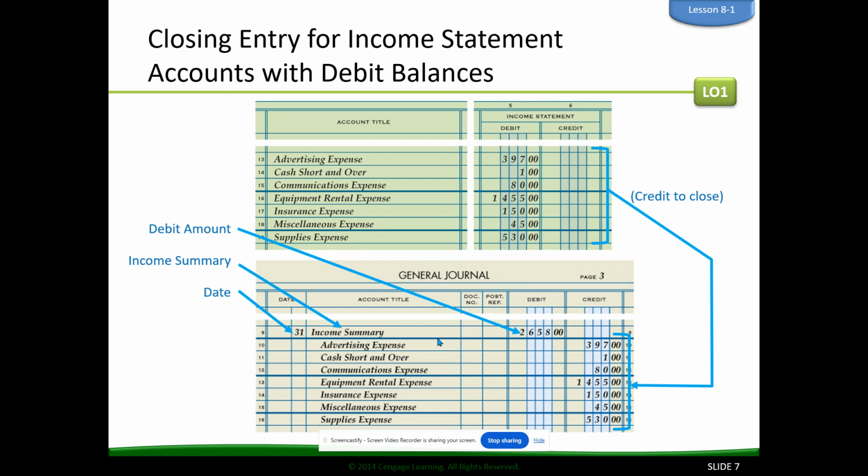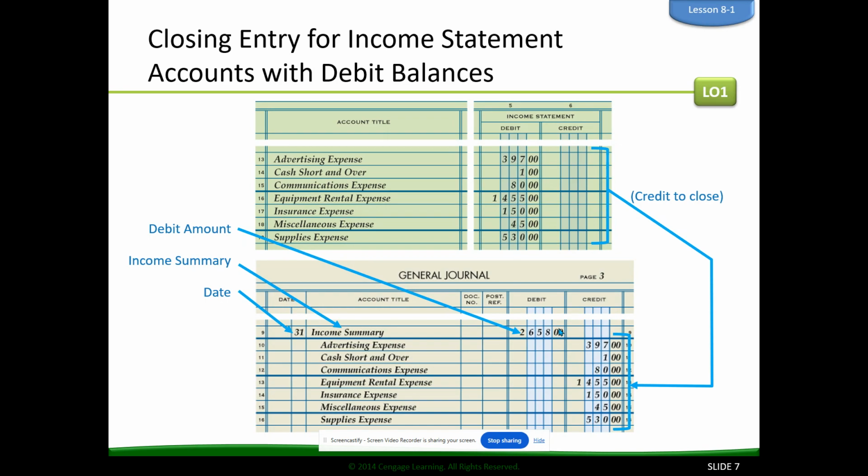So notice you have your advertising expense all the way down to supplies expense, and they're all in here listed as credits. And then once they're totaled, that's the number we're going to put into our income summary. So this is the total of how much money we spent on our operating expenses for that period. So that is transaction number 2.